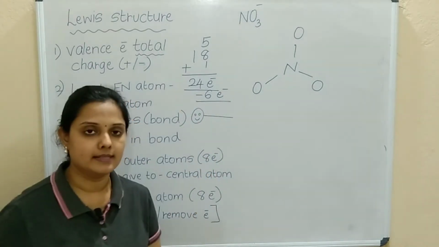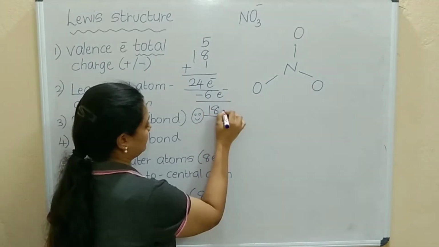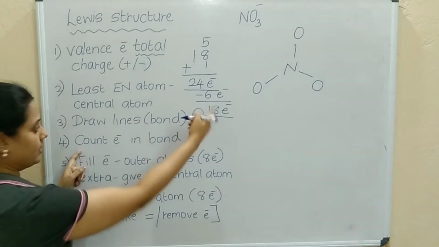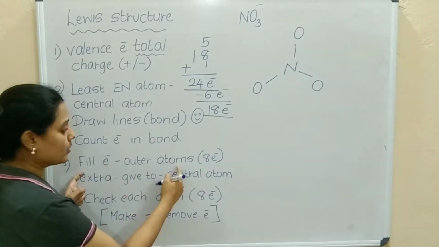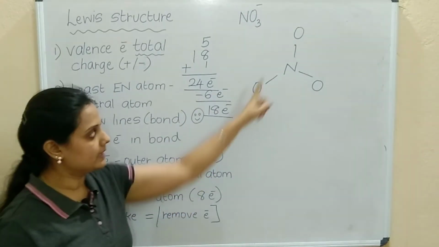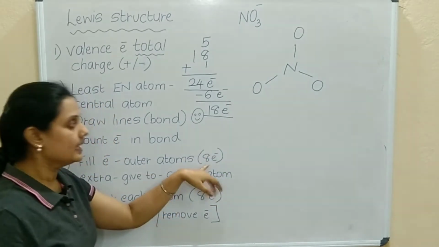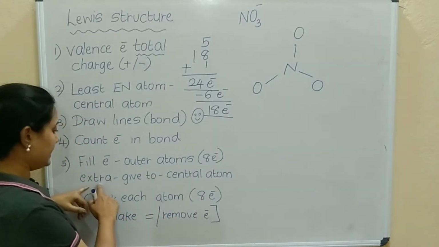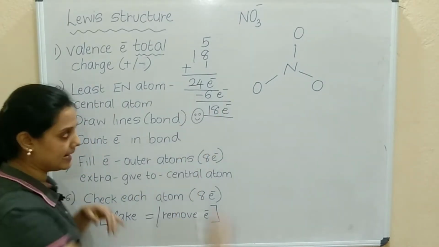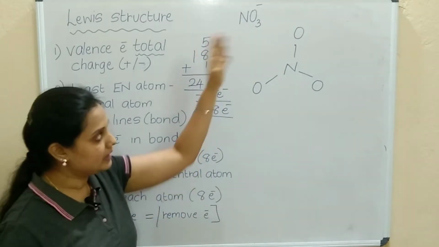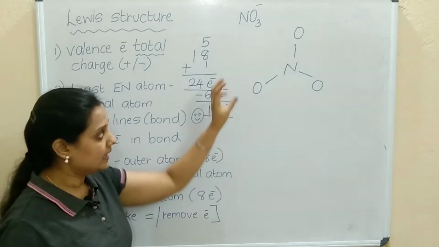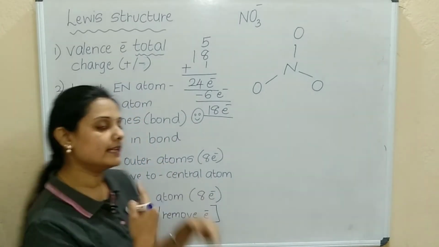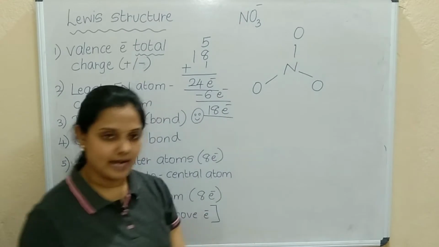So 24 minus 6 is 18 electrons left to put. Fill the electrons for the outer atoms, which are oxygen. Each outer atom should get 8 electrons so the octet is complete, and if you have extra electrons, give them to the central atom.